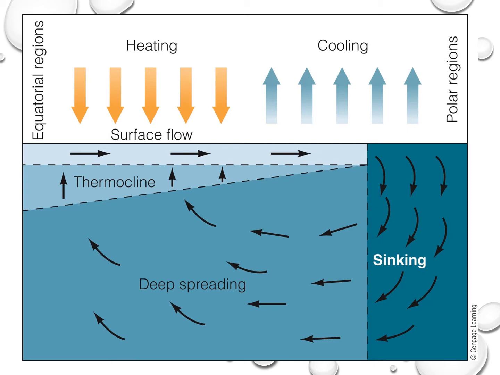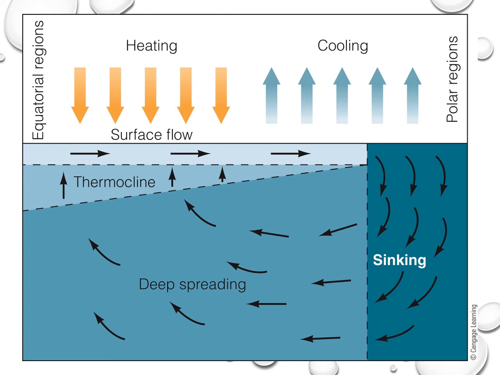So the lower latitudes near the equator are heating up, and near the polar regions they are cooling. So we have this cold water near the polar waters sinking because it is denser, because it's cold, than the warmer surface water.